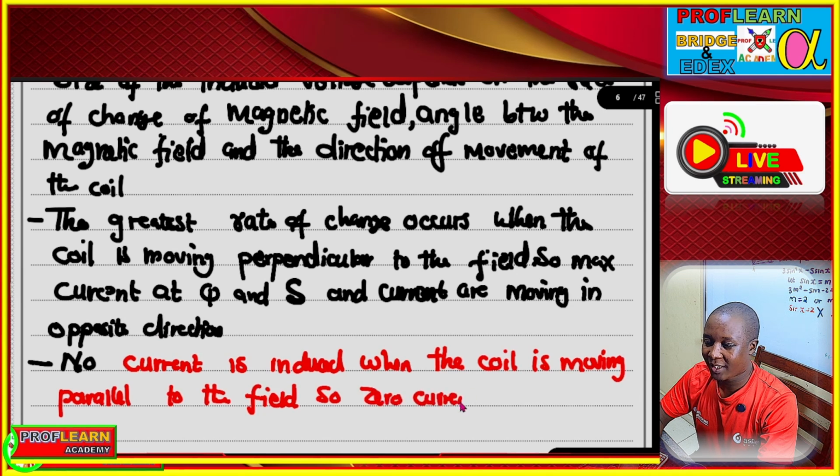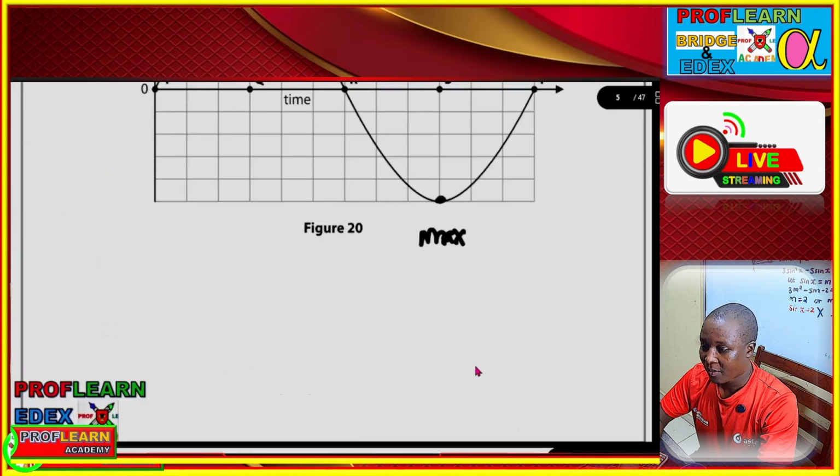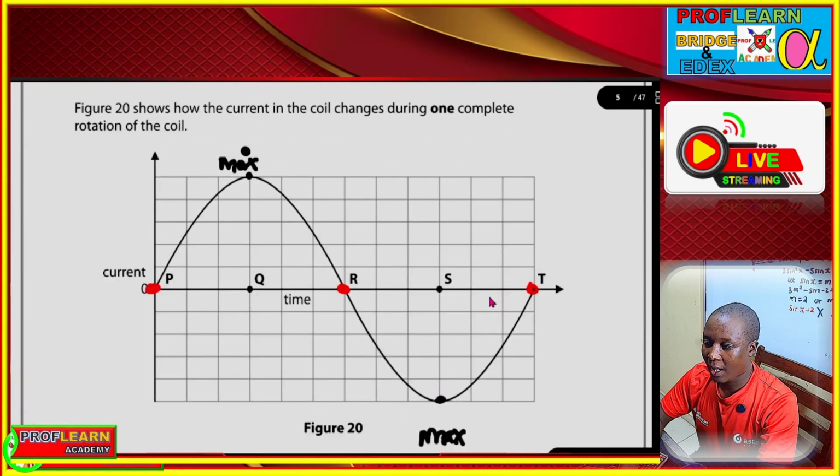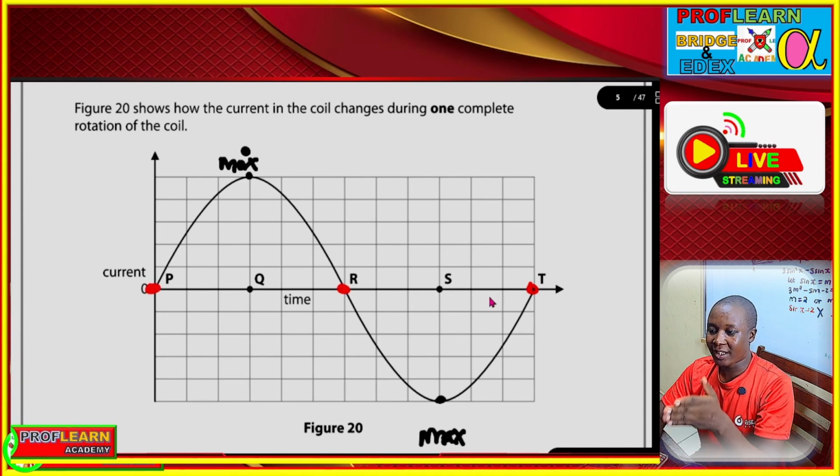When the coil is vertical, there will be zero current induced, and that is going to happen at points P, R, and T. So at P, R, and T, the coil is vertical.